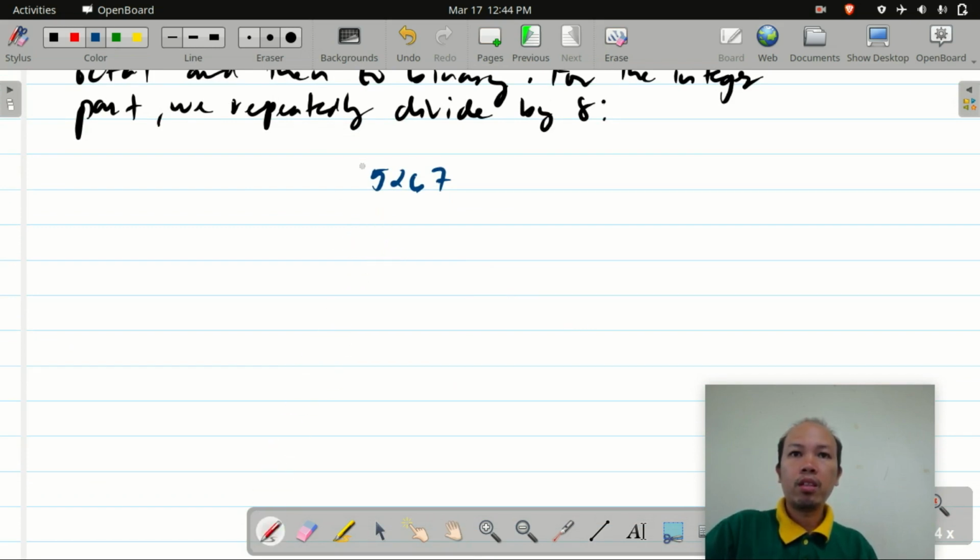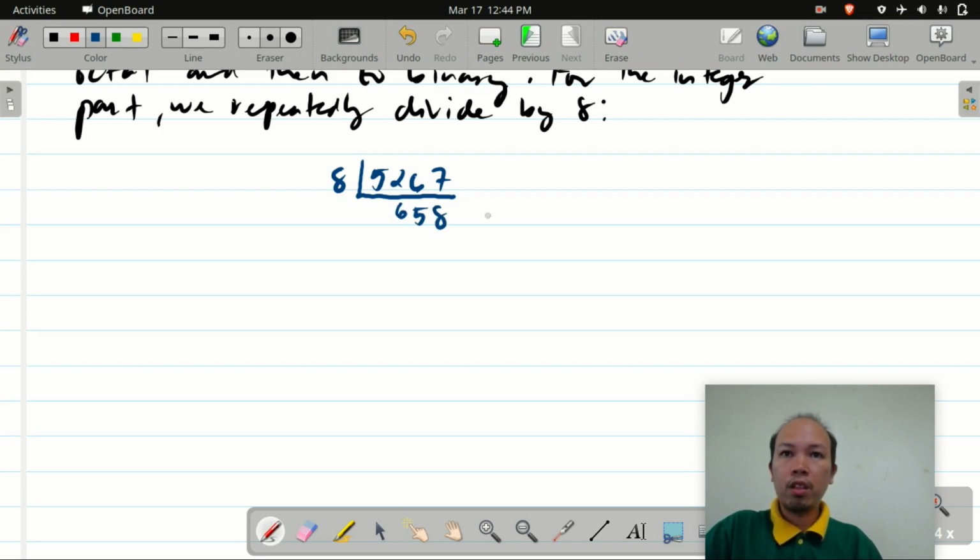Let's divide this one by 8. So our quotient, with my calculator, 5267 divided by 8 is 658.